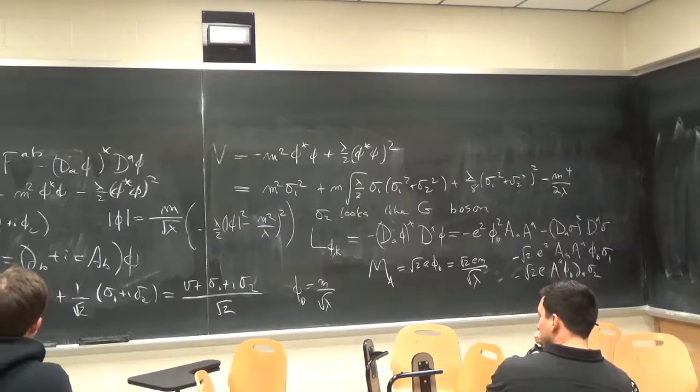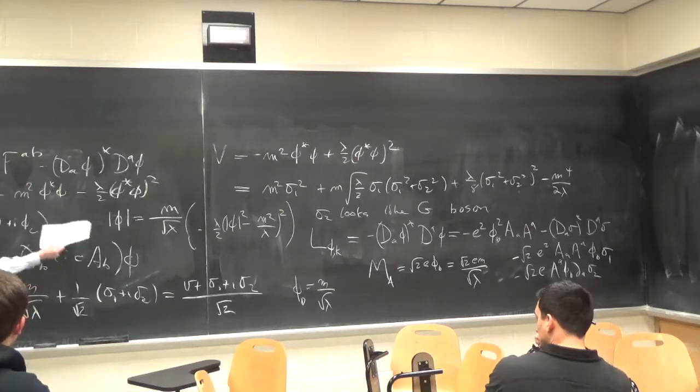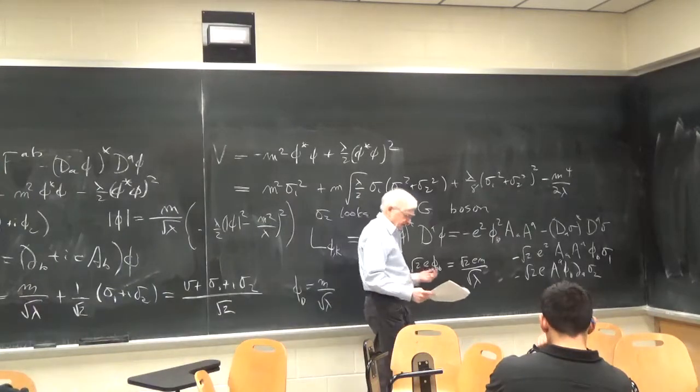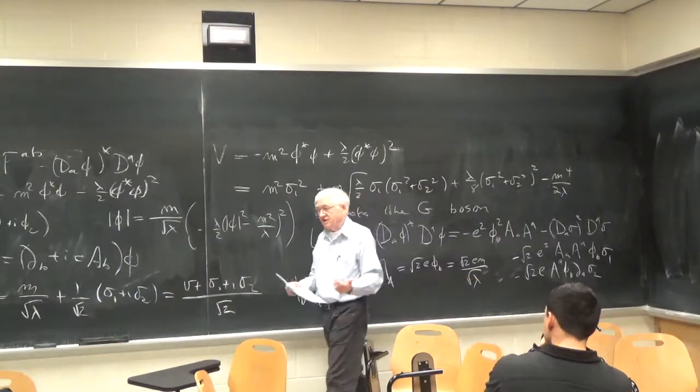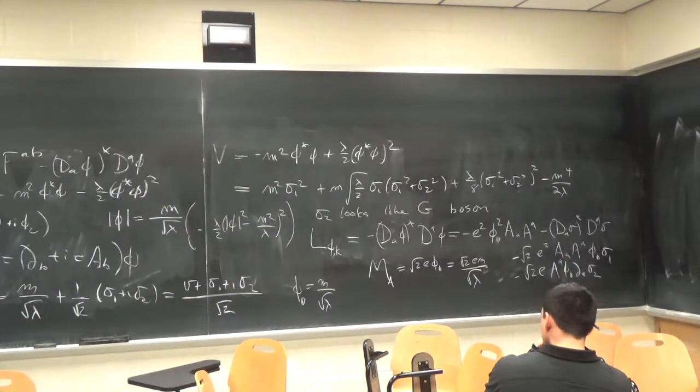And so for any field configuration of the electromagnetic field and the complex scalar field, one can do a gauge transformation at every point in space-time without changing the action. You do a gauge transformation that rotates the complex scalar field into a real field at every point in space-time.